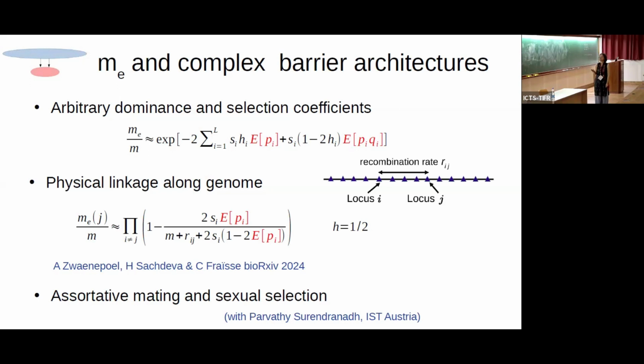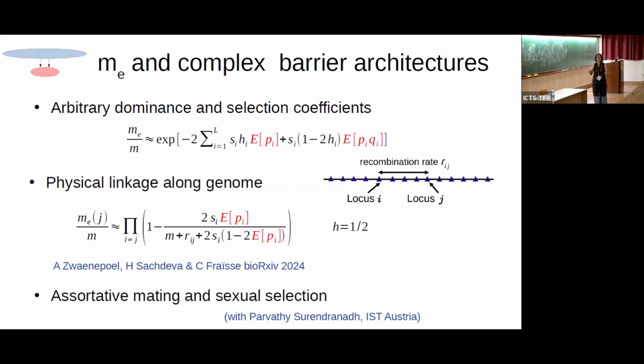For example, if one has arbitrary dominance and selection, these are of course approximate formulae, but they do quite well, as I'll show. One can also think about these barrier loci that are now linked along the genome and work out the effective migration rate at any one such locus. This will again vary along the genome.